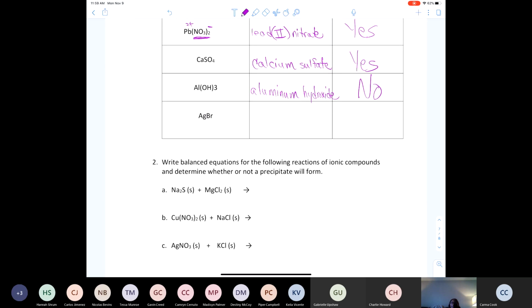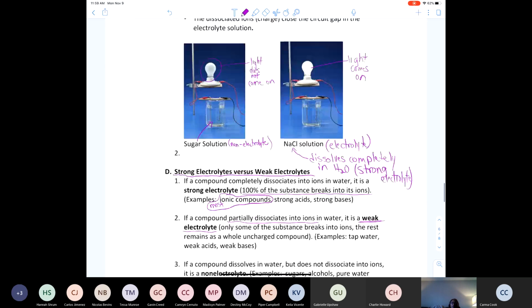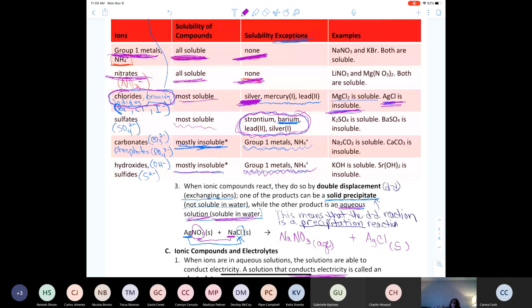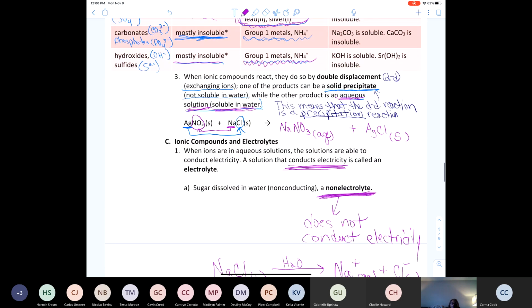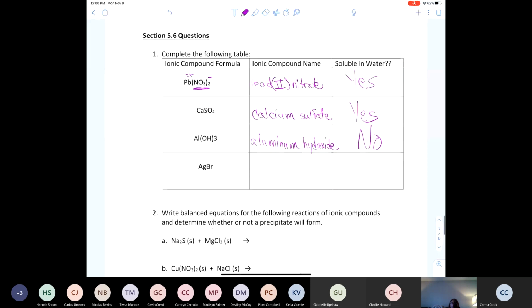What about silver bromide? Bromide is one of those halides, like chloride, iodide. So what about the halides? They are mostly soluble, except for silver. Would bromide be soluble?